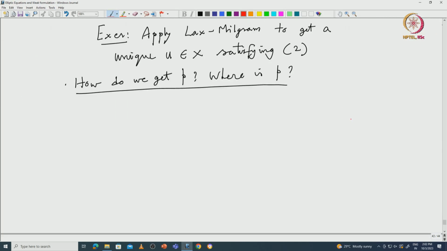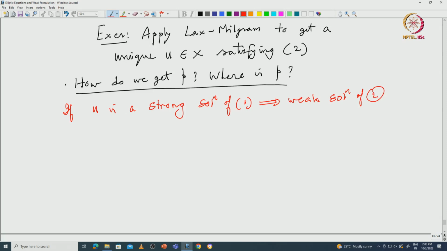What we have seen, two things you have to see all the time: if U is a strong solution, that is a solution of 1, it implies a weak solution, that means a solution of 2, you see that way.